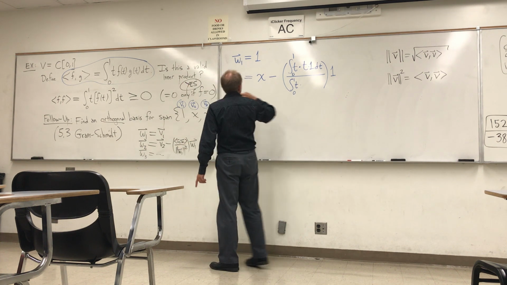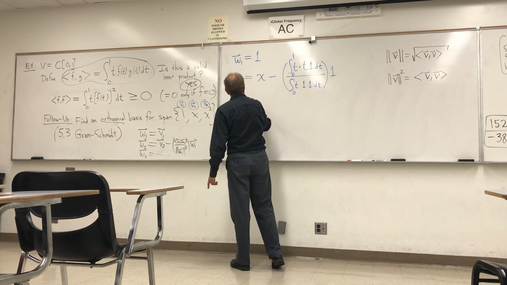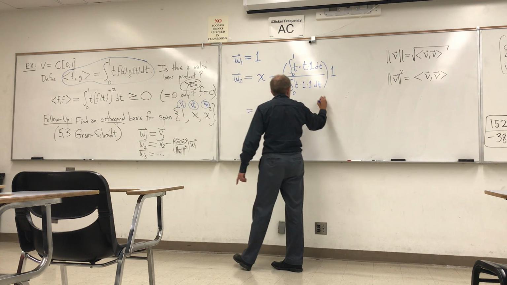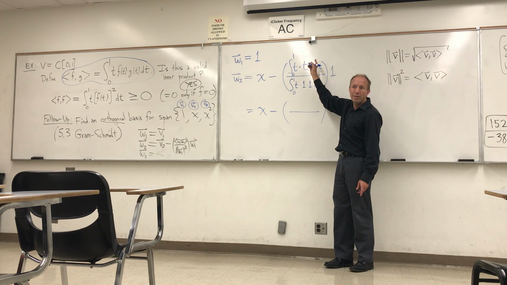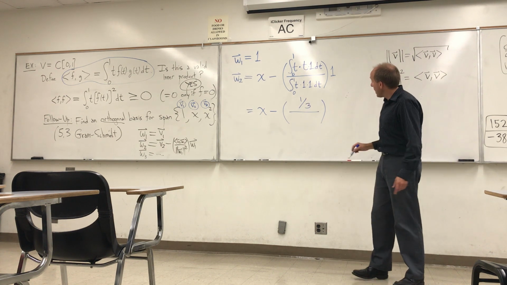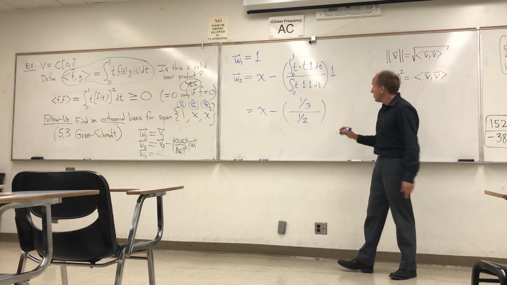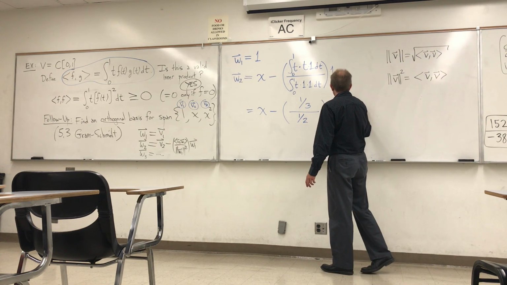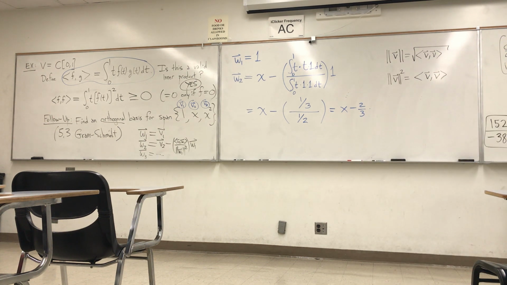Which is 1 times 1, so 1 times 1 dt. So what is that? That's x minus, this is just the integral of t from 0 to 1, it's just 1/2. And then on the bottom, when I integrate 1 from 0 to 1, I just get 1. So the answer is x minus 1/2. If I just do the fractions on that, that's what I should have for the second vector.